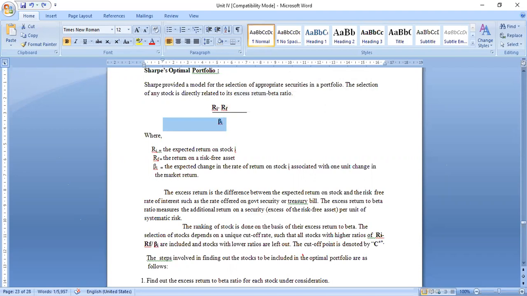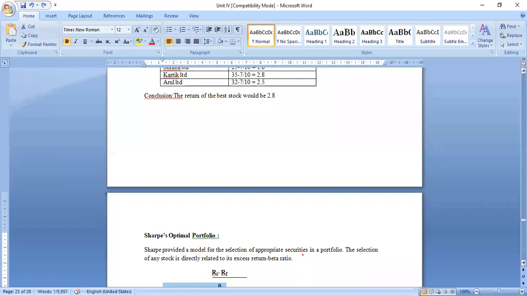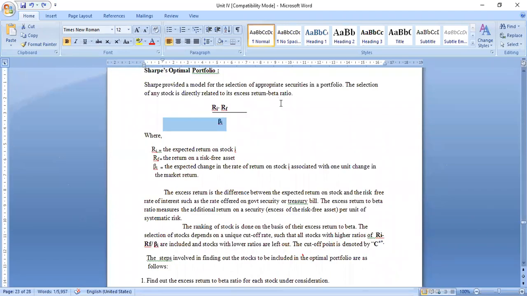Then we have to understand there are certain steps that we have to follow when we calculate the Sharpe optimal portfolio. There is a certain ranking done for the stocks, and the ranking is based on the formula of excess return to beta ratio, that is Ri minus Rf divided by beta.